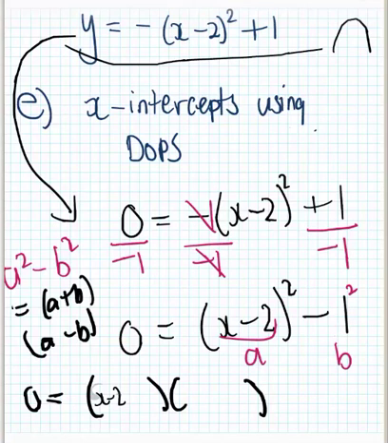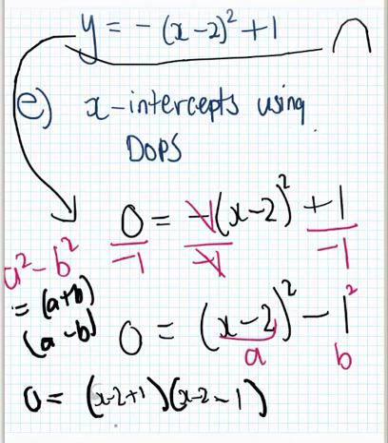So a plus b, so x minus 2 plus 1 in one bracket. And then same thing in here, x minus 2 for our a, and then minus 1. And then, of course, simplify what you have in your brackets.